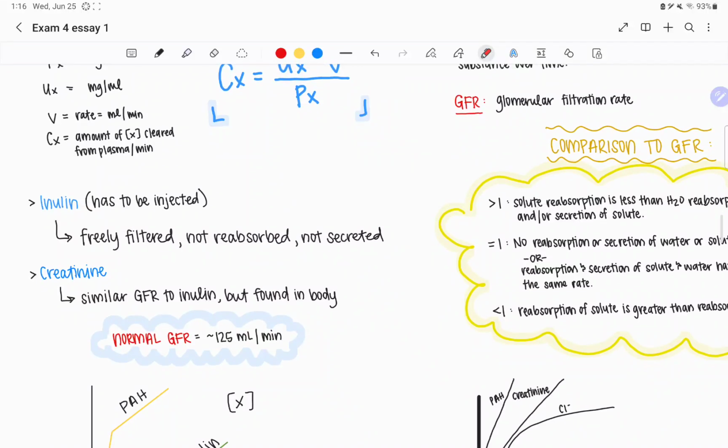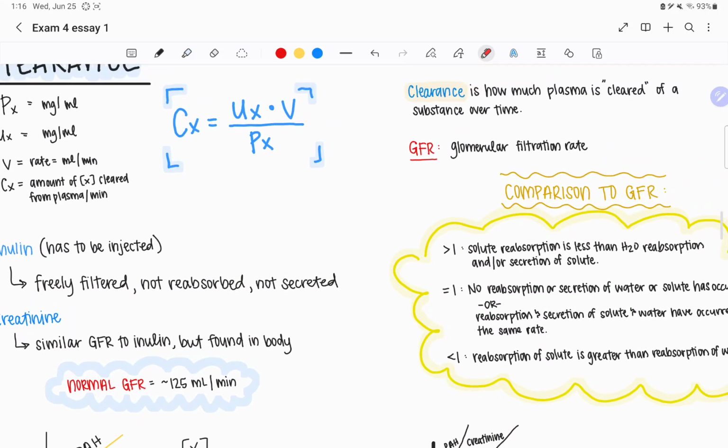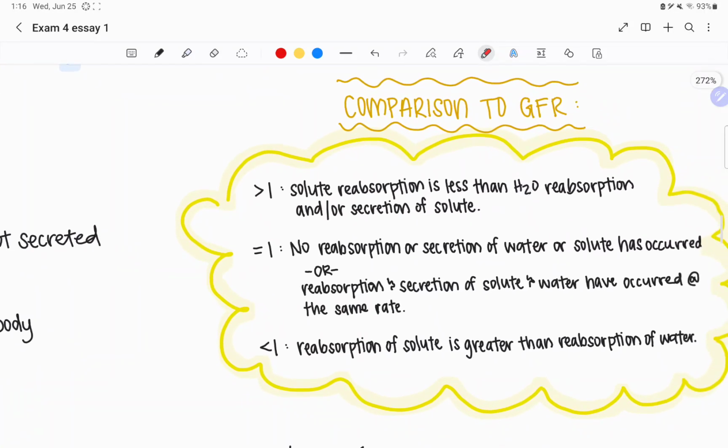So these are related, and it's kind of hard to say how exactly they're related. I'm going to do my best though. So I've got this comparison of clearance to GFR. So if something has a clearance of 1, then that means there's no reabsorption or secretion of water or the solute. Or the reabsorption and secretion of the solute and water have occurred at the same rate.